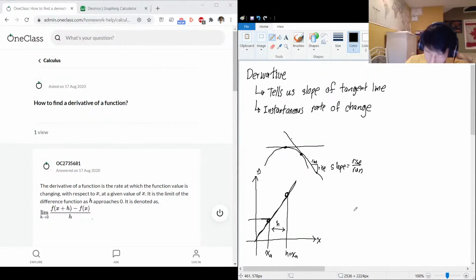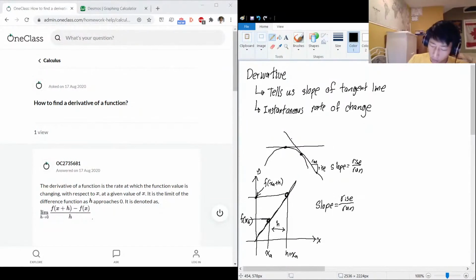Here we have f of x of a, the result of when you send it through a function, and here we have f of x of a plus h. We're looking for the slope, right? Slope equals rise over run.